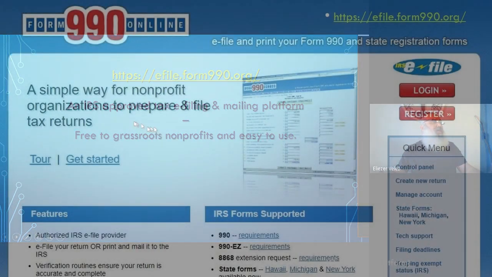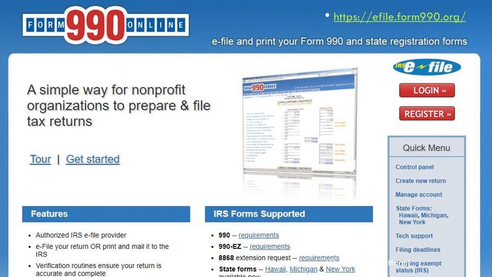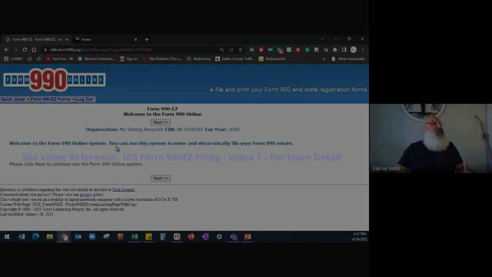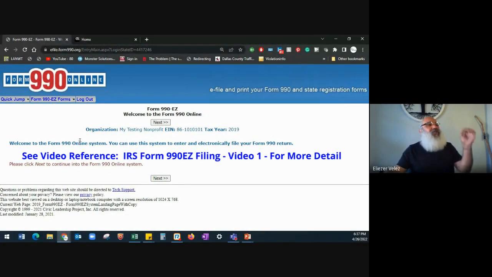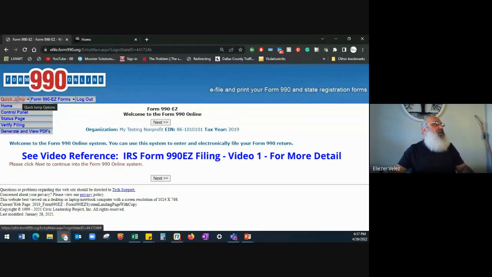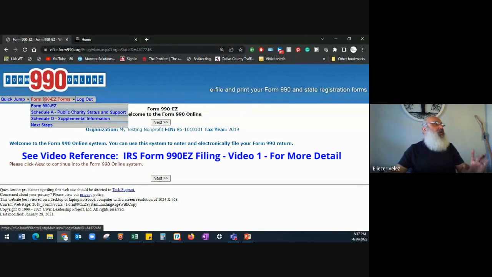efile.form990.org is an IRS approved tax e-filing and mailing platform for nonprofits, 990 Easy and 990s. I already have my account, so I am going to skip the quick jump, and I'm going to focus today on Form 990 Easy.